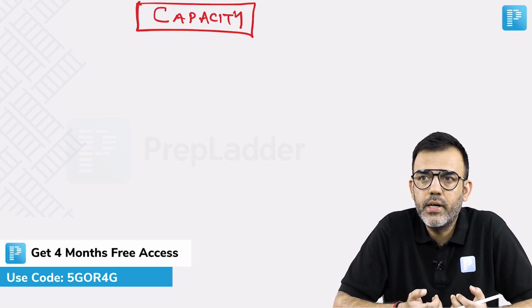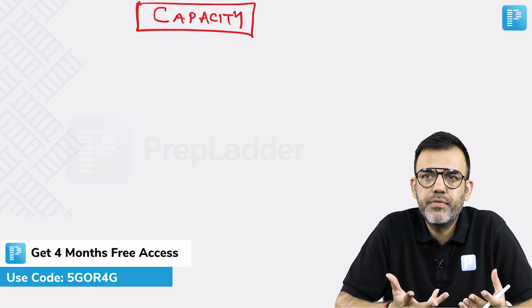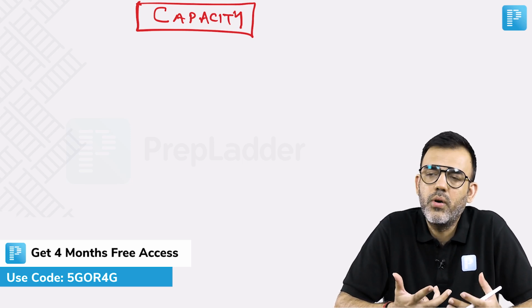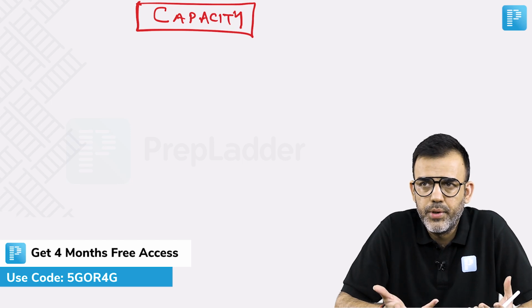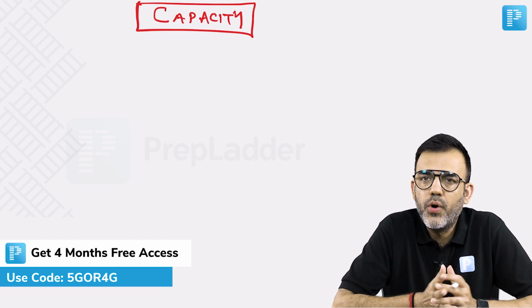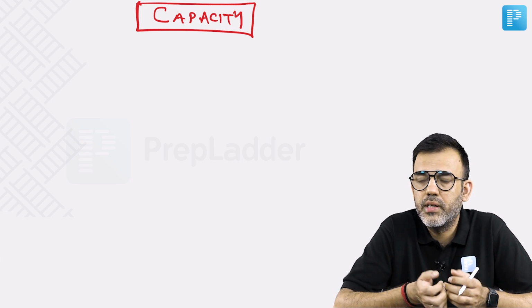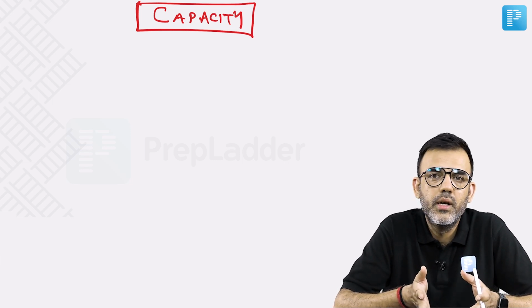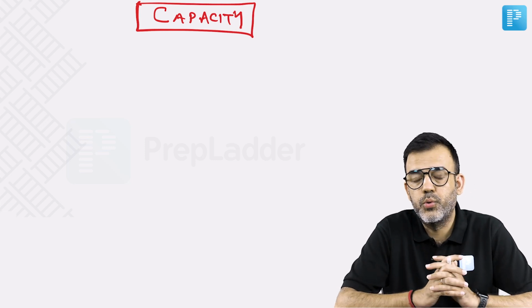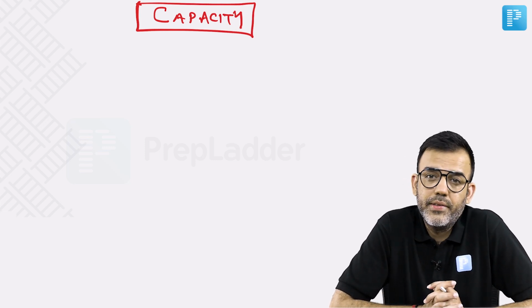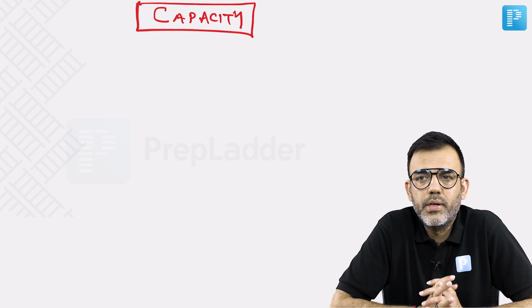You want to connect to someone, but because of capacity restriction, you are not able to. You want to open a web page or play an Instagram video, but the capacity of 4G doesn't let you do that. Too many devices are trying to use the network.